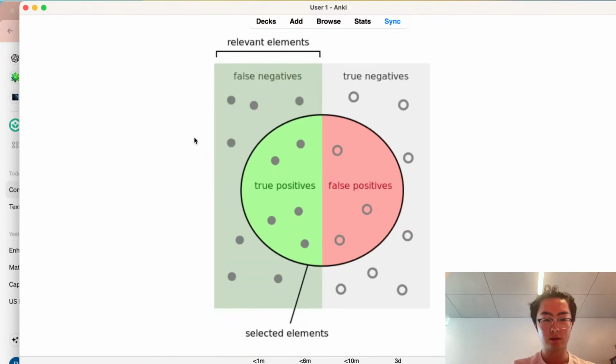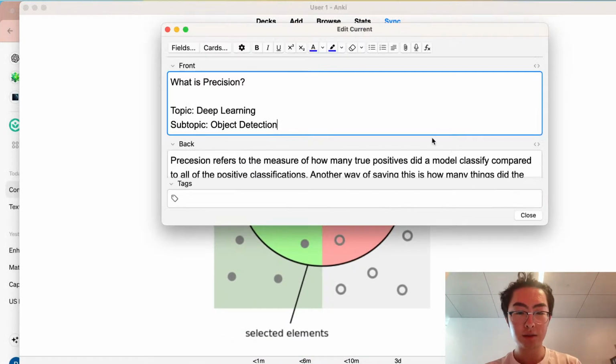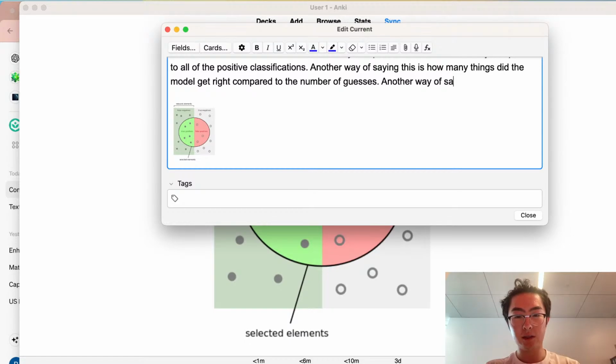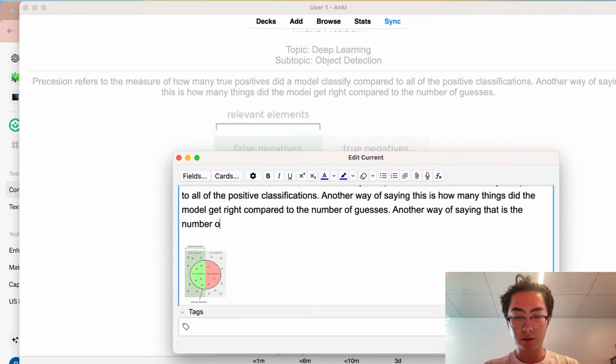Oh, okay. So it'll be false positives and true positives. So another way of saying that is the number of true positives guessed relative to the number of true and false positives.